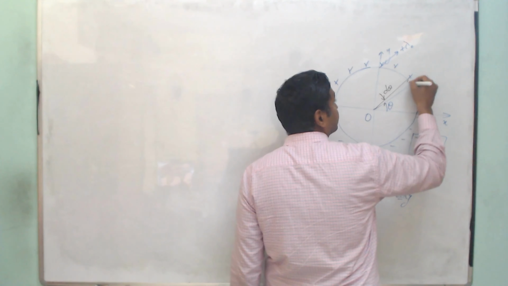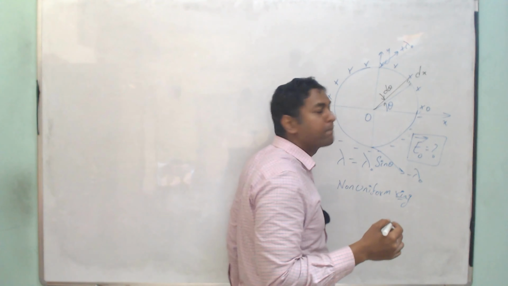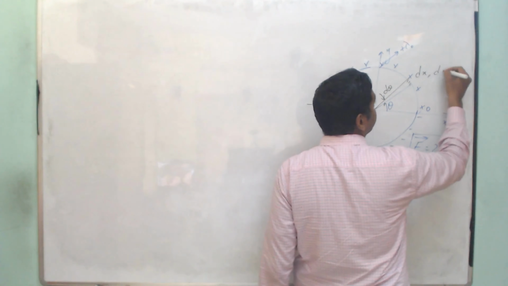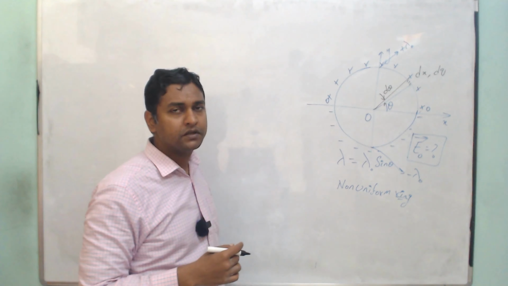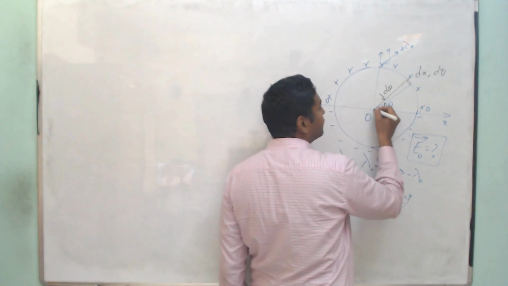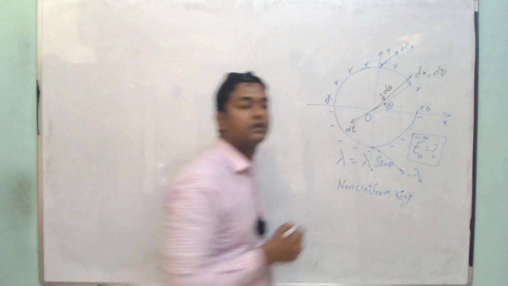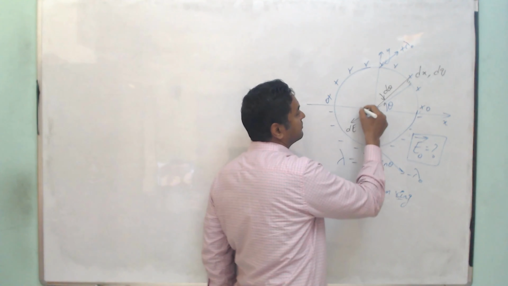Let the length of this perimeter be dx, having a charge dq on it. The electric field due to this dq is dE, and this dE makes an angle theta with the horizontal line.